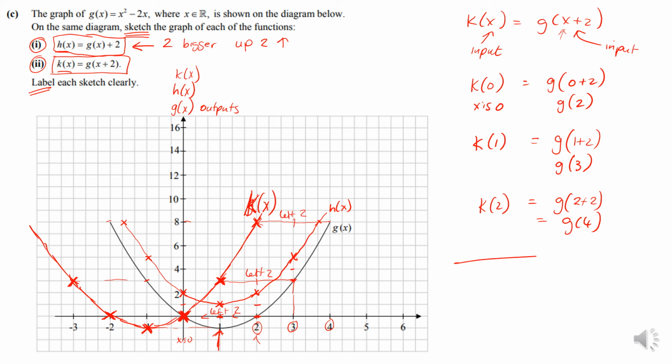Alright, so let's recap there. So g of x plus 2 does not go up 2; if you have changed the inputs by that, it goes left 2. Okay, and we did that when we studied quadratic functions, so maybe look back over that.